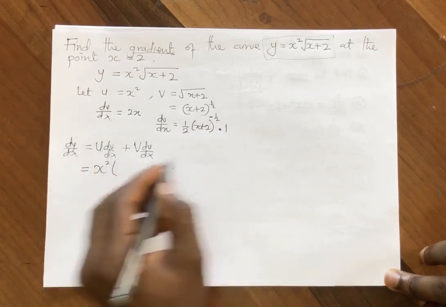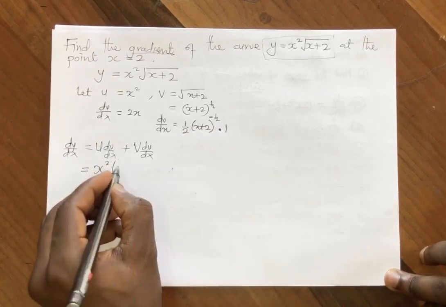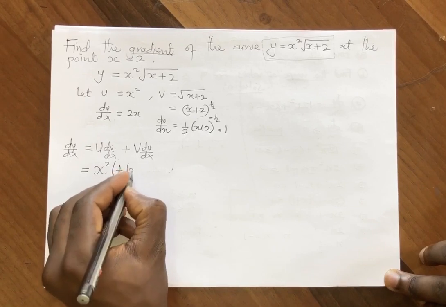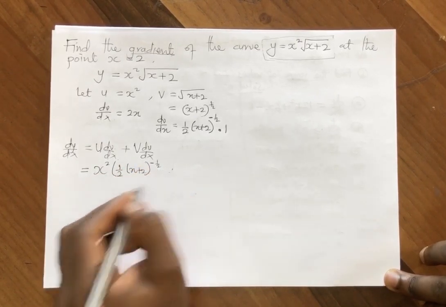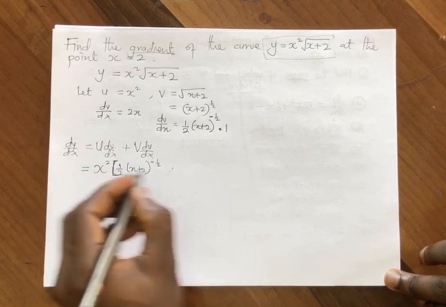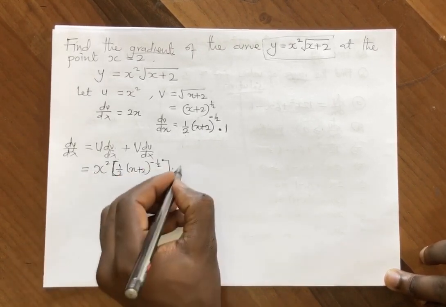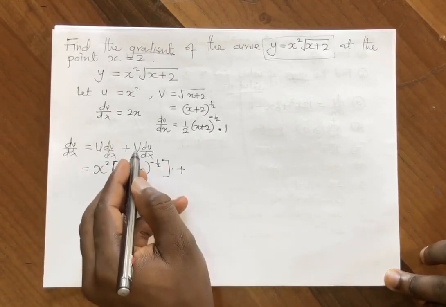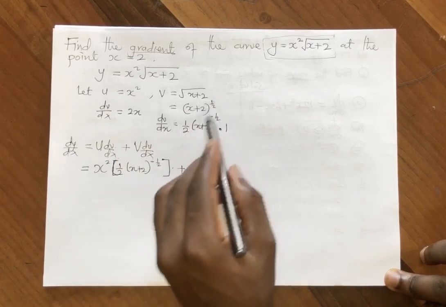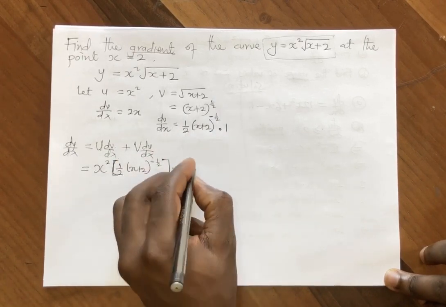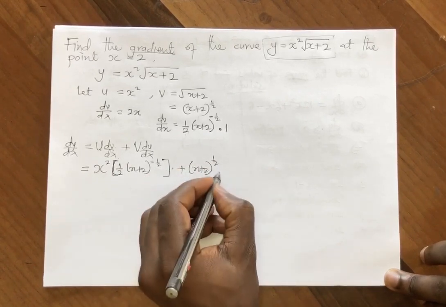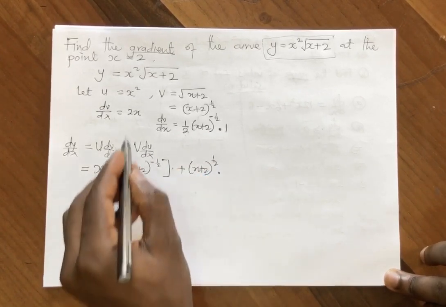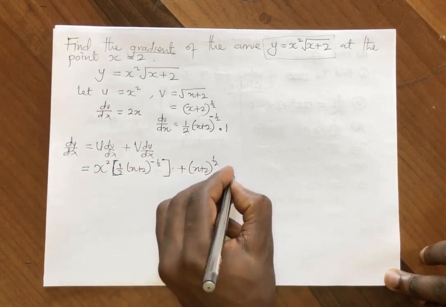This is dv dx. 1 times half is still half, so I'll just keep the half, x plus 2 raised to the power negative half. Plus v. What is v? This is v, so that is x plus 2 raised to the power half times du dx, which is 2x.